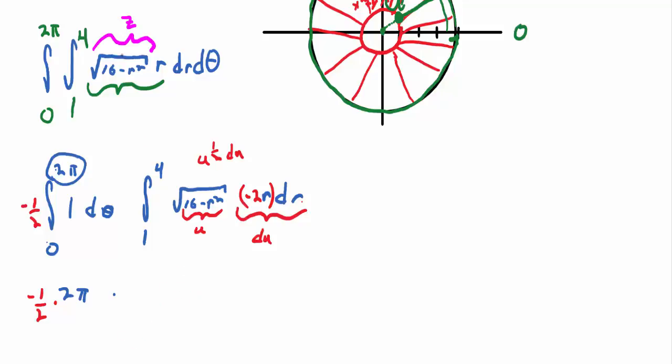What do you get? Leaving it in terms of 16 minus r squared, you get 16 minus r squared to the, okay, you add 1 to the exponent. What is that? 3/2, and then you multiply by the reciprocal or divide by 3/2, which is multiplying by 2/3. And then you evaluate that from 1 to 4.